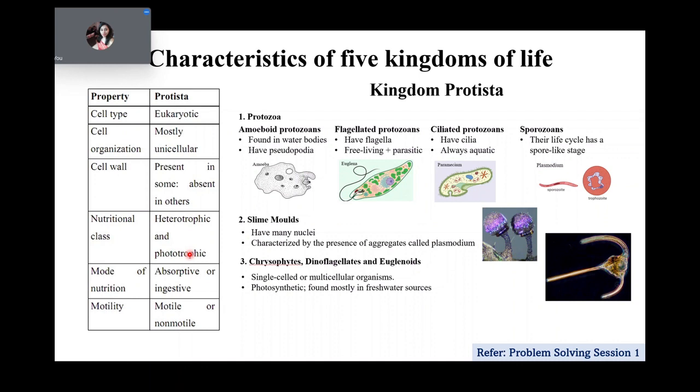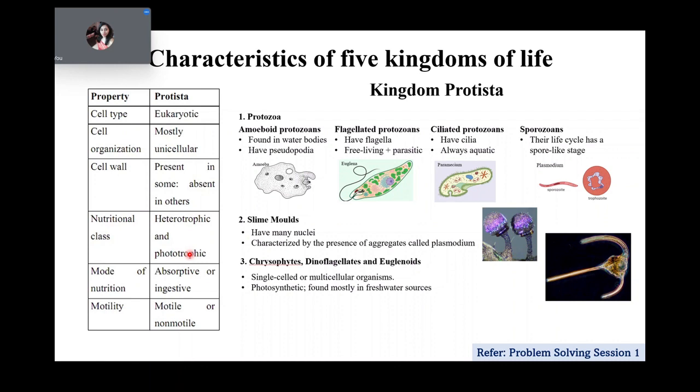On the basis of that also they can be divided into three modes. So for nutrition you have saprophytic, parasitic, or symbiotic. Symbiotic is when fungi is present along with an algal component, and they both mutually benefit each other and acquire nutrition.